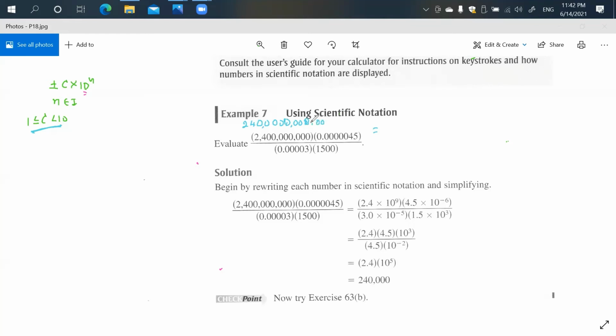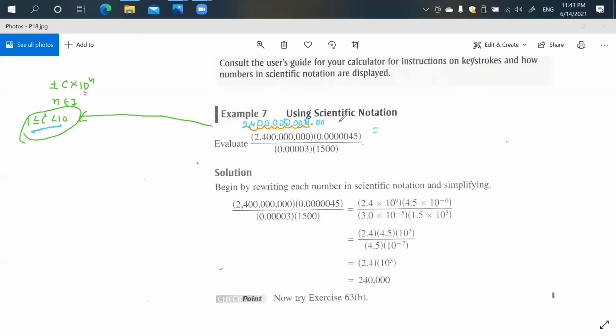Then I move to the front, count how many digits from the dot here. So it becomes 1, 2, 3, 4, 5, 6, 7, 8, 9. I have the dot right here because I need 2.4. Don't forget the definition here.